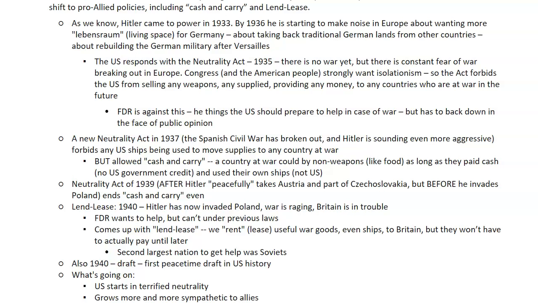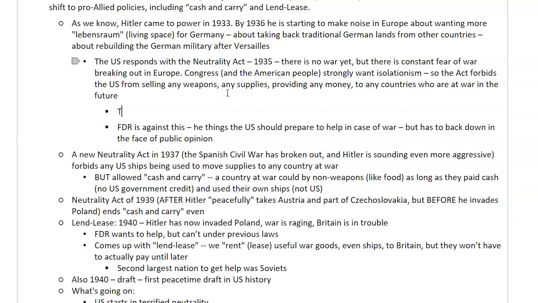So Congress passes a law. In case anybody ever goes to war over there, the U.S. cannot sell anybody any weapons, any supplies, provide any money to any countries that are at war in the future.